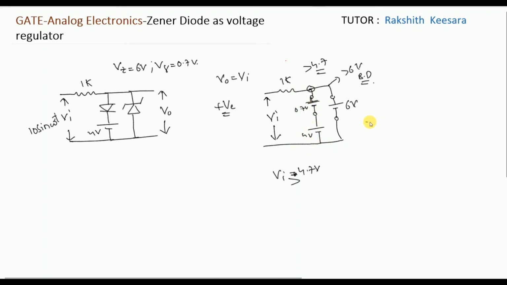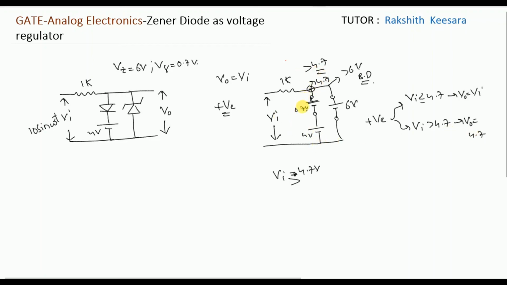So during positive half cycle, when Vi is less than or equal to 4.7, V0 is equal to Vi. When Vi is greater than 4.7, this branch is turned on. So what will be V0 now? Since this branch is turned on, the voltage here will become 4.7. Voltage is regulated to 4.7. V0 will be equal to 4.7.